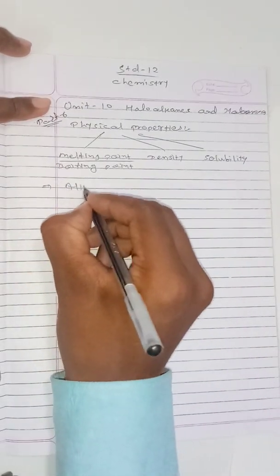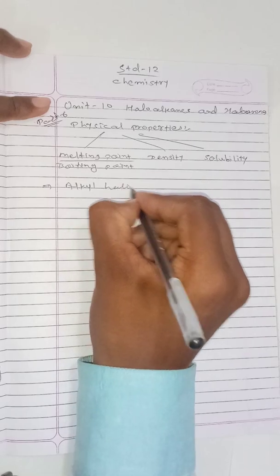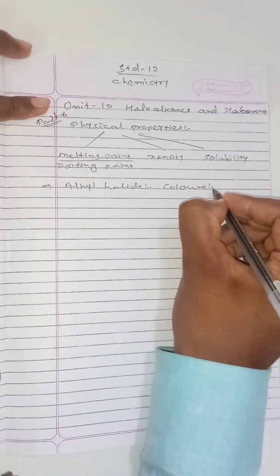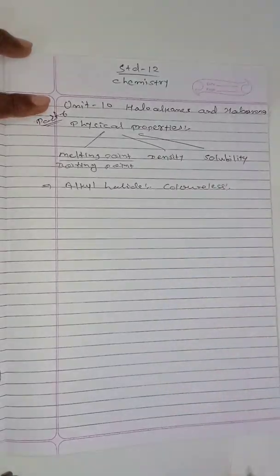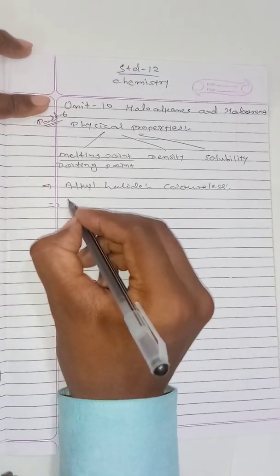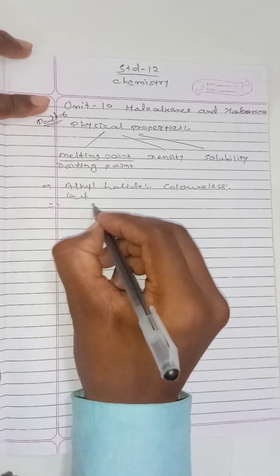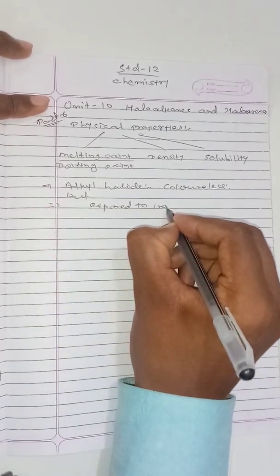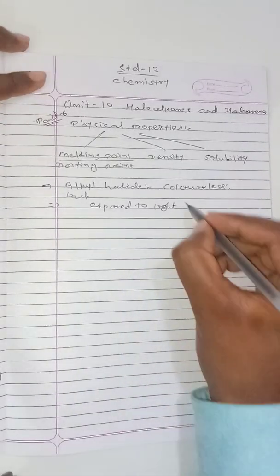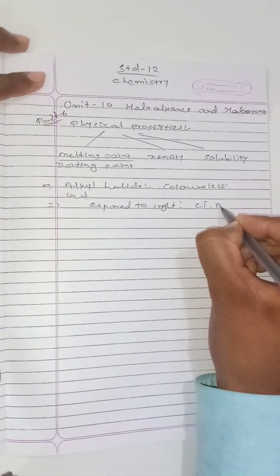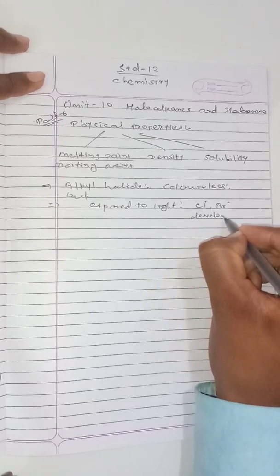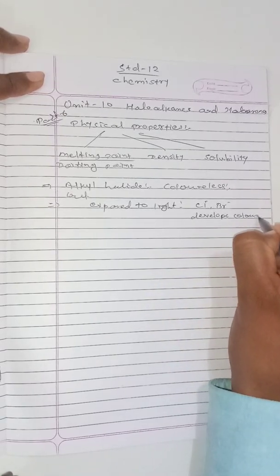Most of the alkyl halides are colorless, but when exposed to light, chlorides or bromides develop color.